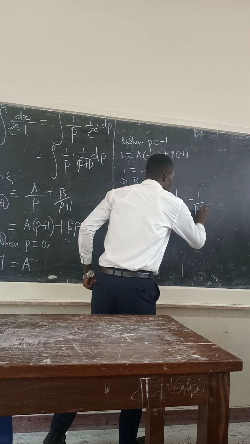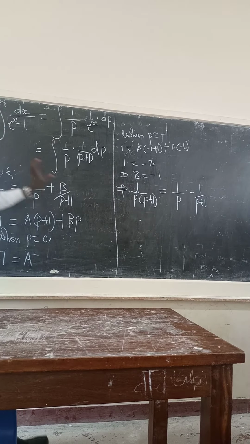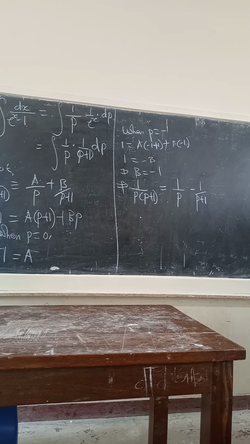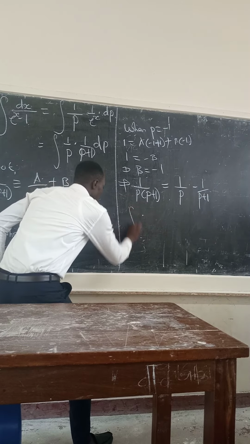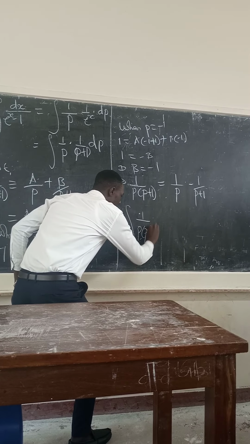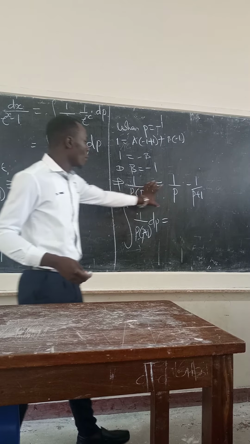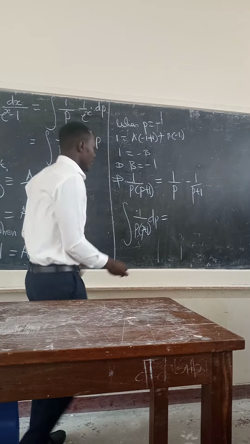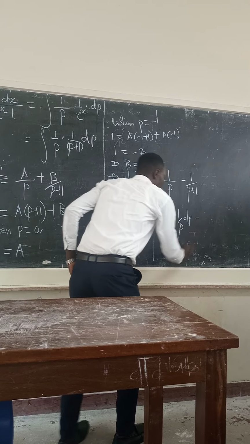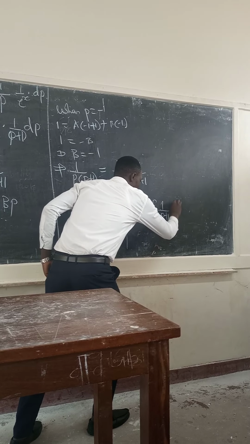Now from this, we see that this is the value we were integrating from the start, so we can bring back our integrals. The integral of 1 out of p into p plus 1 is going to be, we also distribute this integral on this value and that value: the integral of 1 out of p dp minus the integral of 1 out of p plus 1 dp.